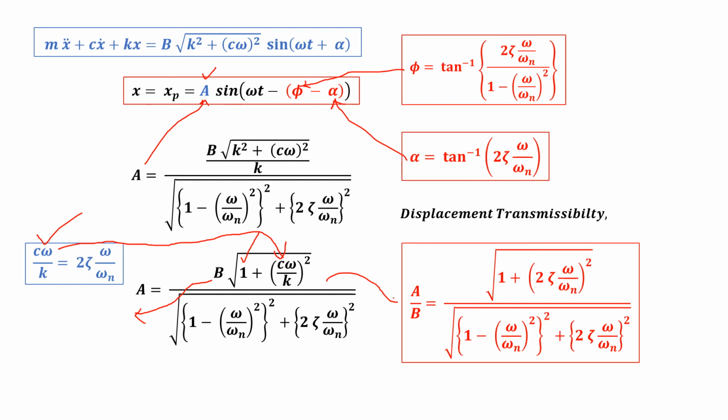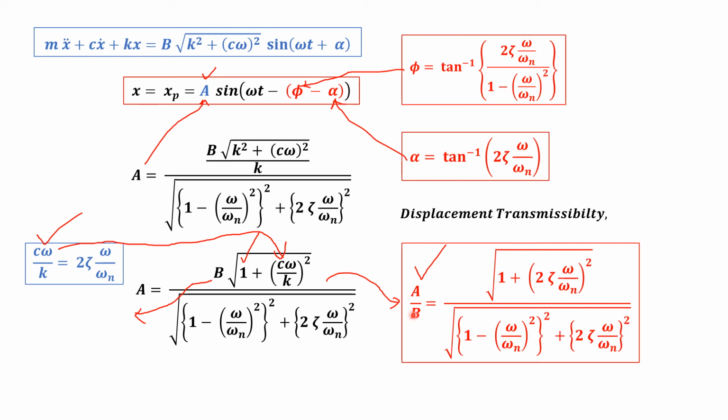Then the solution is of the type A by B is equal to square root of 1 plus (2 zeta omega by omega n) square, divided by square root of (1 minus (omega by omega n) square) whole square plus (2 zeta omega by omega n) square.